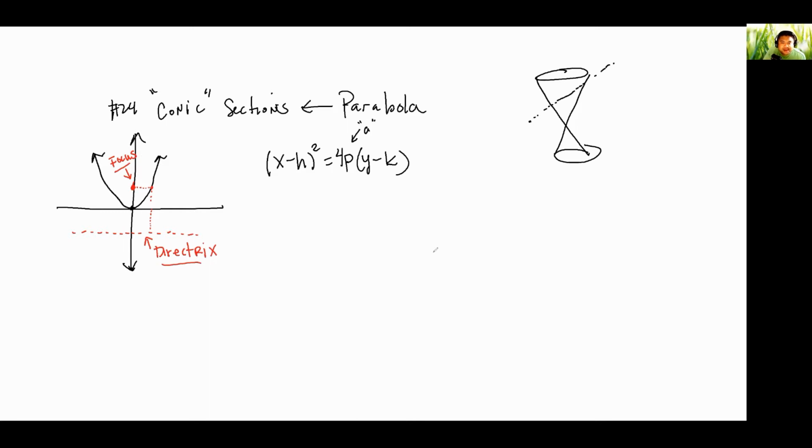Here is where P comes into play. The distance from the vertex to the focus is P. The distance from the vertex to the directrix is negative P. Basically, they are equidistant from the vertex itself, and the P represents that distance.